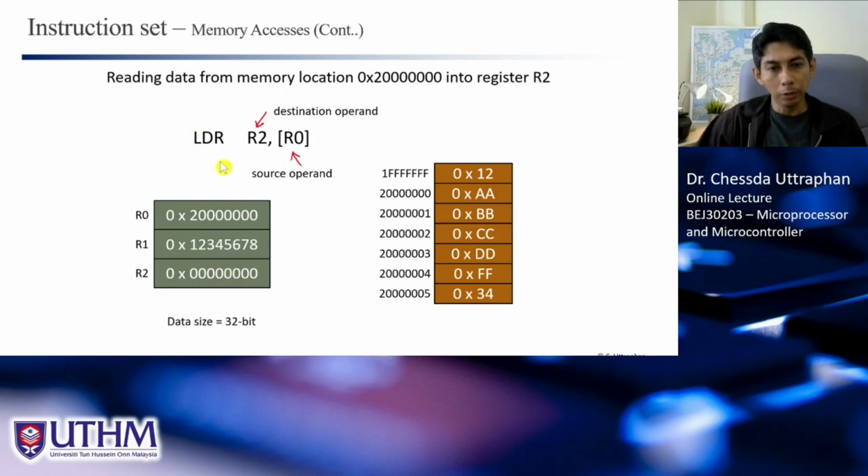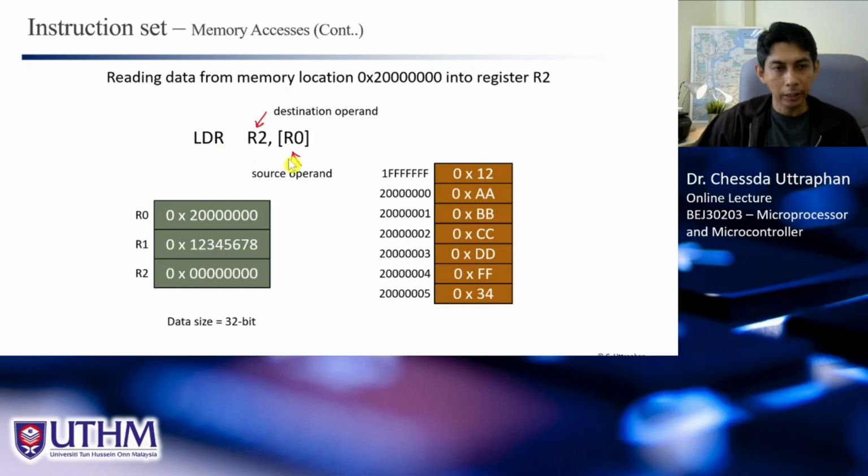What about the load? Load means that we read from the memory into the microprocessor, or into the register. So for example, we want to get the data from this memory location, the effective address in R0. Here this is the address, and the size is 32-bit.